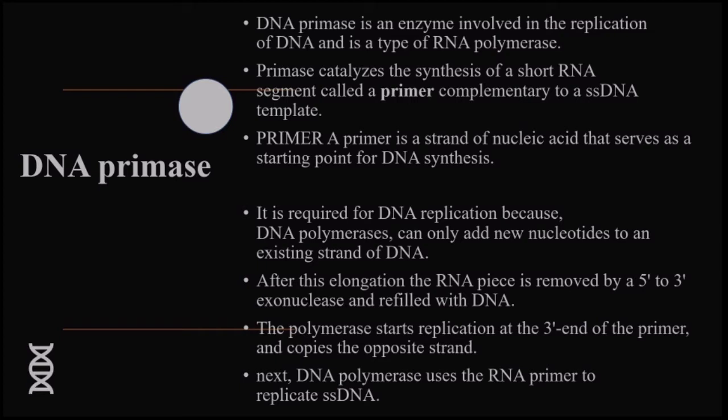Because only if a primer is present, the DNA polymerase will act on the single strand and start adding new nucleotides. After the elongation, the RNA pieces are removed by a 5' to 3' exonuclease and refilled by DNA nucleotides. Polymerase enzyme will start adding nucleotides from the 3' end of the primer and will copy the opposite strand. This way, the primer plays an important role.